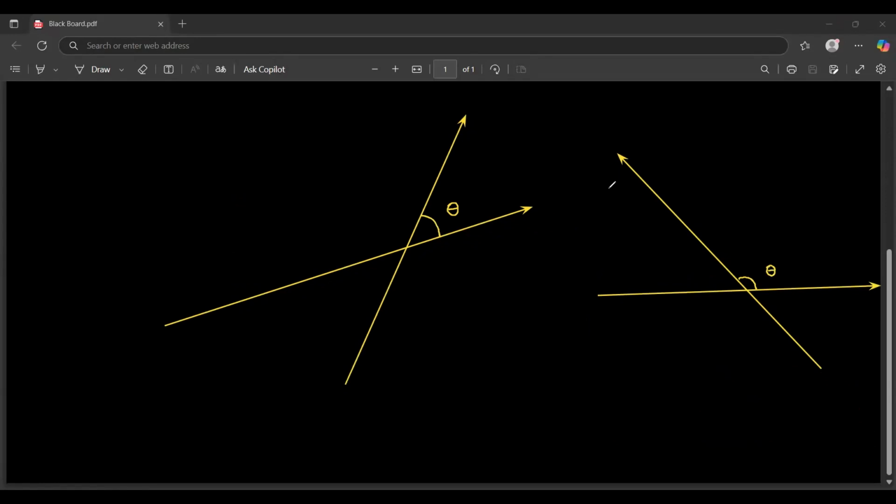These are the two possible scenarios. If theta is less than 90 degrees, you use alpha equals 90 minus theta to find alpha. If theta is greater than 90 degrees, you will use alpha equals theta minus 90.